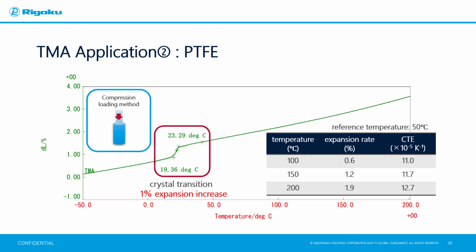This phenomenon is due to a volume change associated with the crystal transition of PTFE, and TMA can detect volume changes associated with the reaction of the sample. These results show that the expansion rate is significantly higher near room temperature. This means that PTFE requires careful handling near room temperature with regards to its shape.